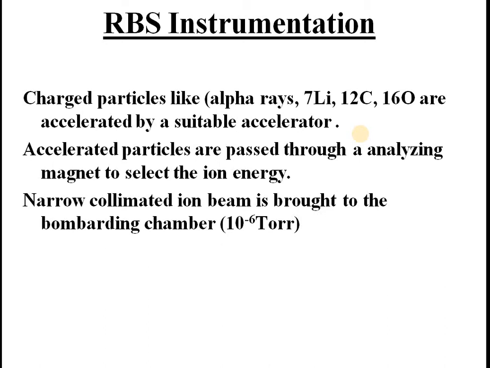Particles are collimated into a narrow beam and bombarded onto the target, and the target is kept in an extremely high vacuum system, 10 raised to minus 6 or less than that. That is very important, because this projectile should not collide with air molecules or any other extraneous particles. So vacuum is inevitable.